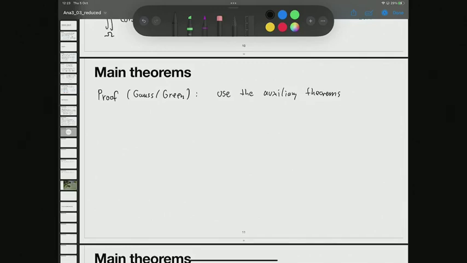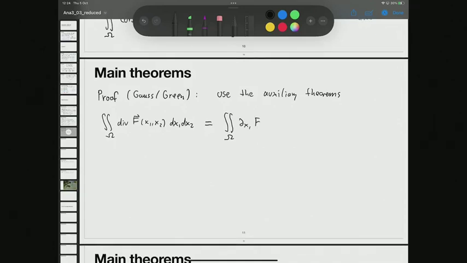And it's always a good idea to just write down definitions. So if we start with the integral over omega of the divergence of f, we integrate the divergence of f over the domain omega. By definition of the divergence, it's the integral over omega of the x1 derivative of f1, plus then the x2 derivative of f2, the second component.